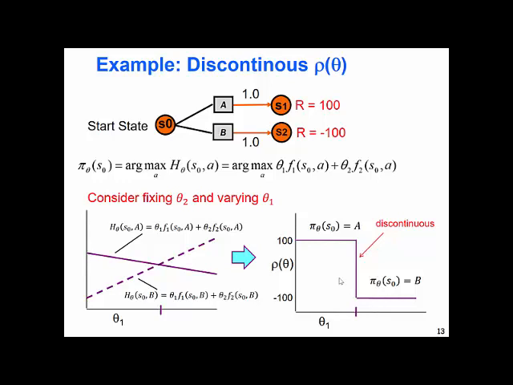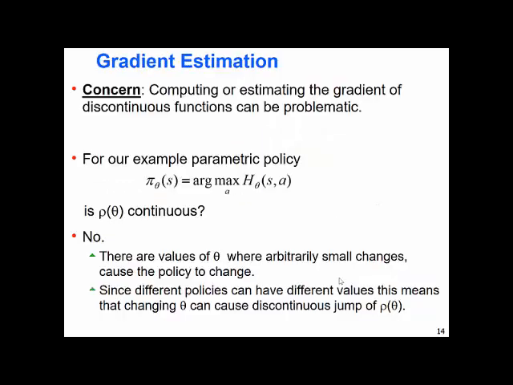ReLU functions are more like something like this. It's not like you're going from here to here. So this is a very different type of discontinuity compared with this. That's why this type of discontinuity is not so good for us.